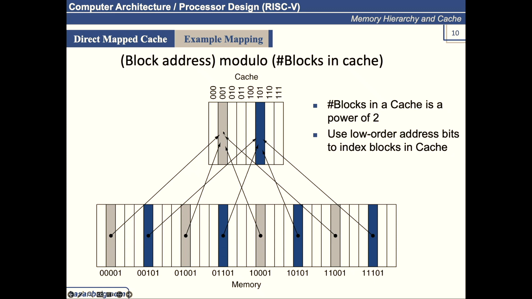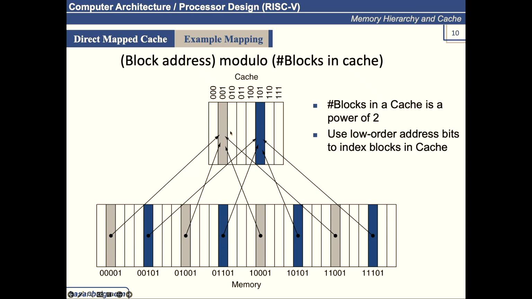So for example, the processor requests a block, let's say this 9, okay? Requests data from the address number 9, okay? So how does the processor know whether this block contains the data of this address 9 or this one or this one or this one?